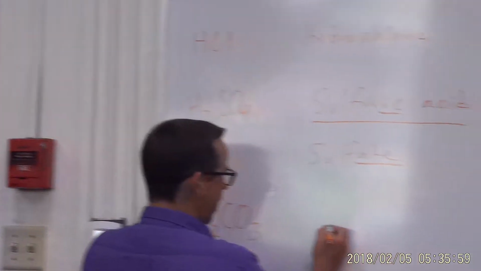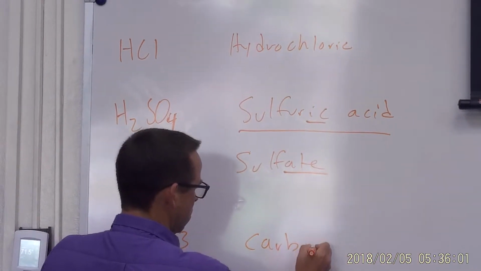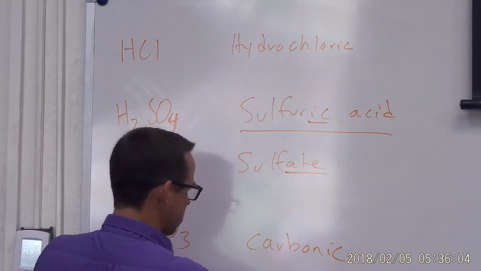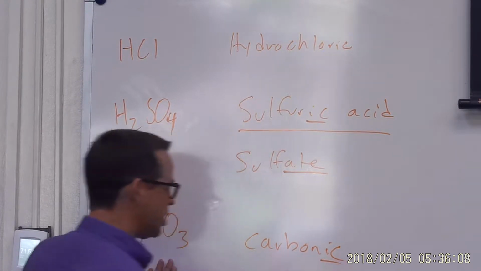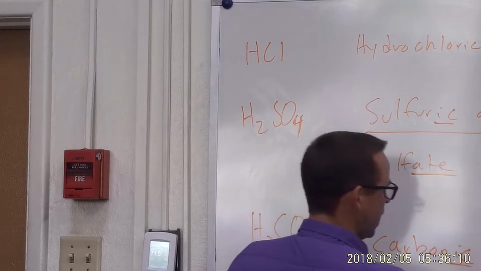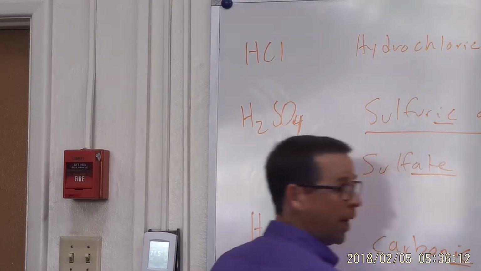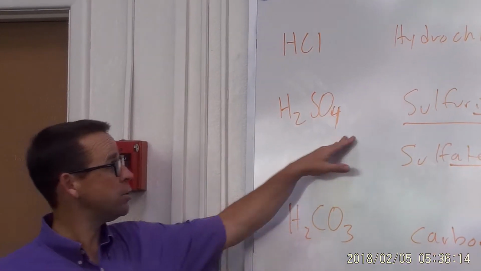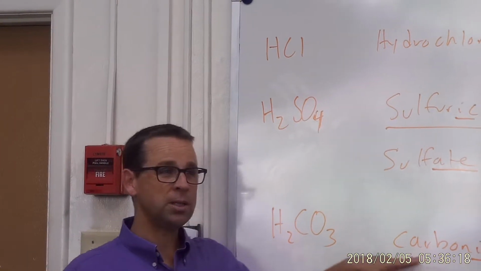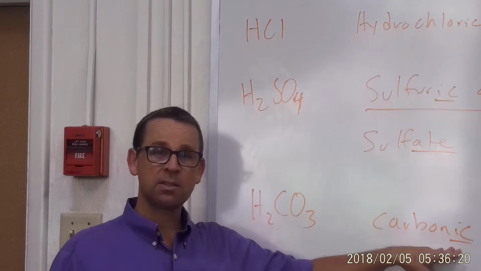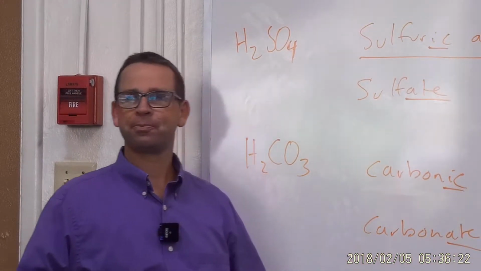So, again, this is the carbonate ion, and we take the -ate and change it to -ic, and we call it carbonic acid. Now, it's not hydrocarbonic, it's not hydrosulfuric here. Oxyacids: just name the polyatomic ion with a suffix, and then call it acid.